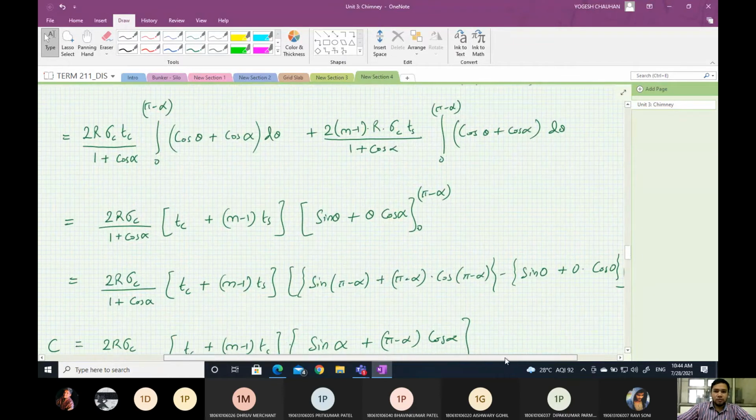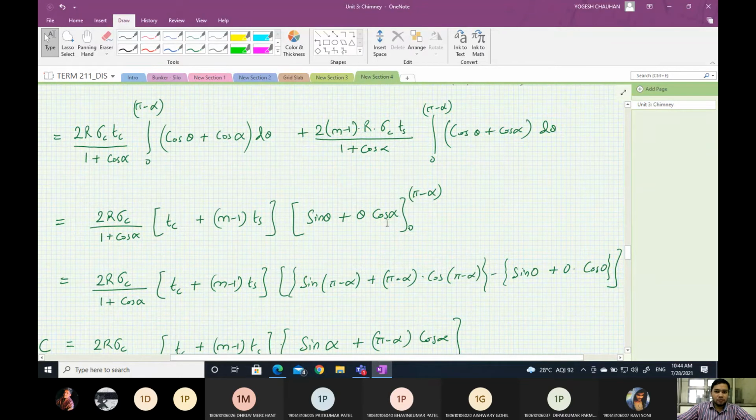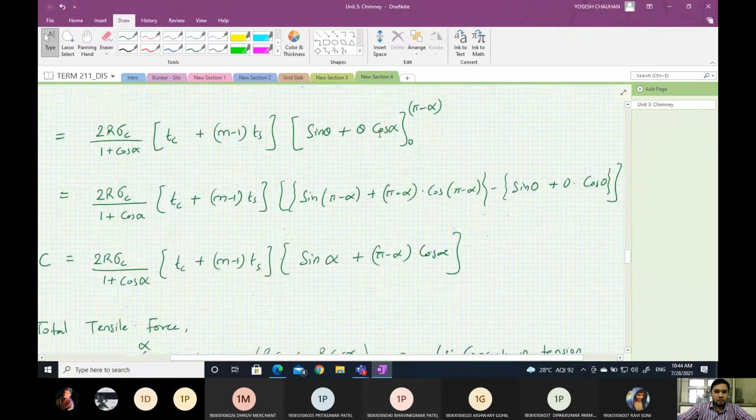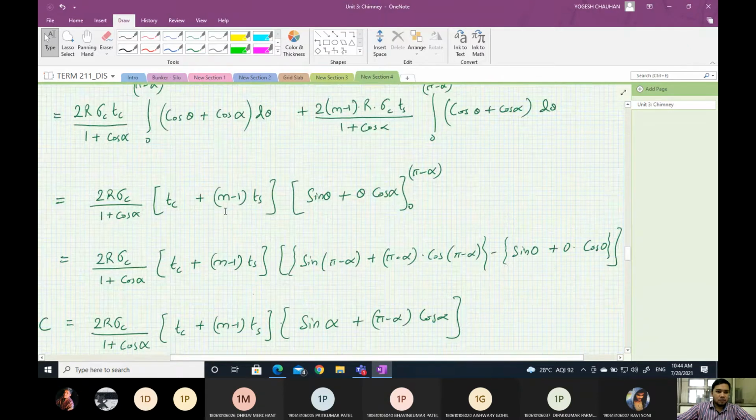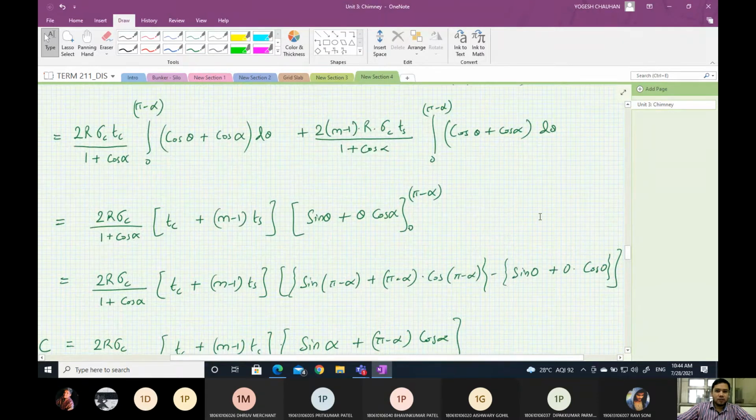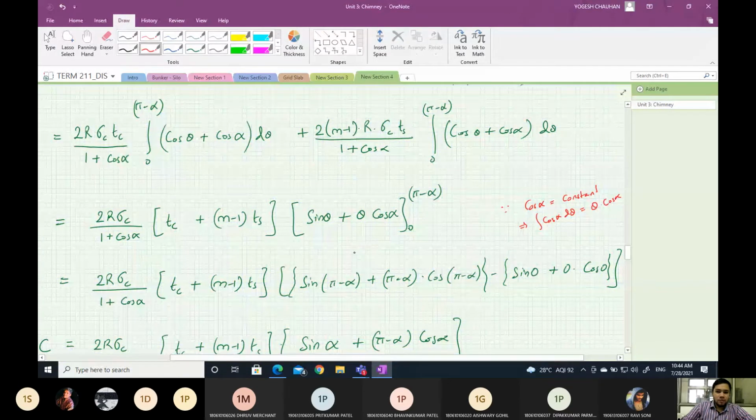Here cos alpha is constant, so the integration of cos alpha d theta will be theta times cos alpha, because you can take cos alpha as common, and the integration of d theta is theta. So that is why this term is there.